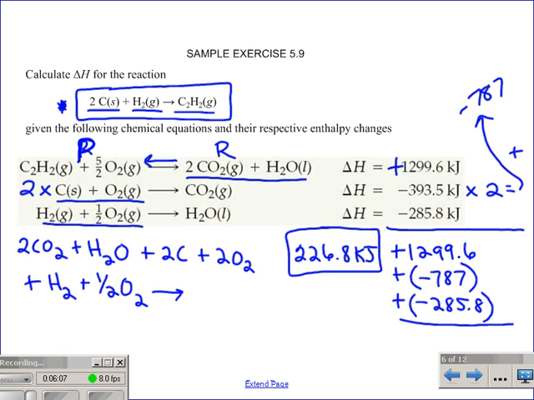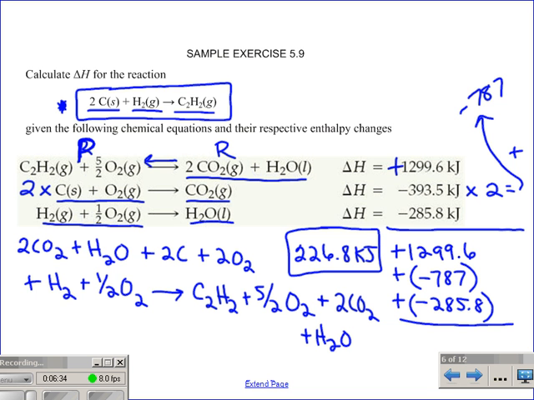Now we get to our products. Our products are C2H2 plus 5/2 O2. Plus, don't forget, there's 2 CO2s here because of the coefficient we multiplied. And then our last product is H2O from right here.